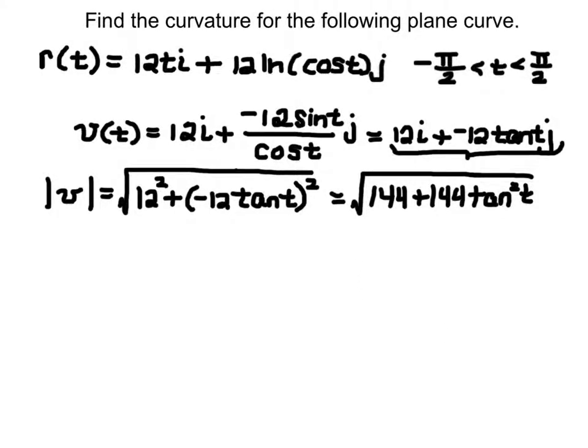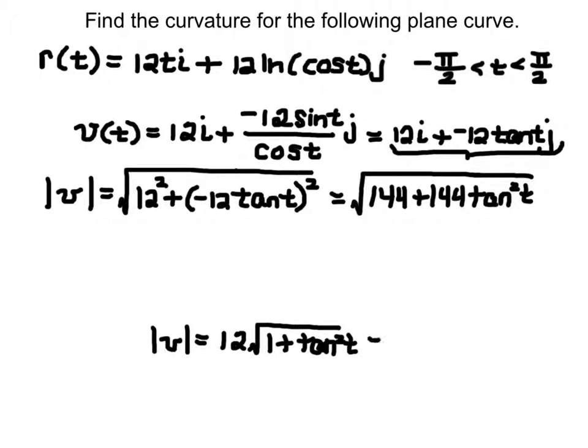When we simplify that, I'm going to factor out the 144, and the square root of 144 is 12, so that brings a 12 on the outside times the square root of 1 plus tangent squared t.